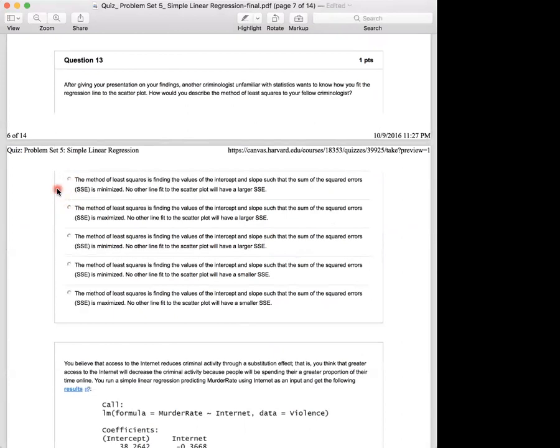The method of least squares of finding the values of the intercept and slope such that the sum of squared errors, SSE, is minimized. No other line fit to the scatter plot will have a larger SSE, or sum of squared errors. Now, sum of squared errors is basically describing what those residuals were.